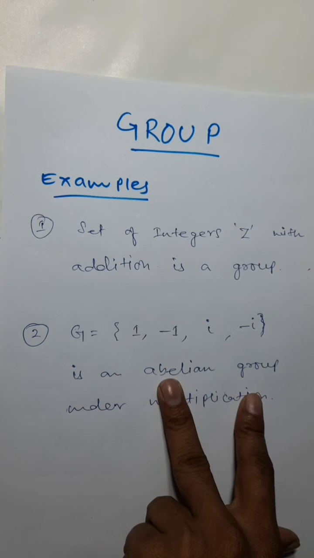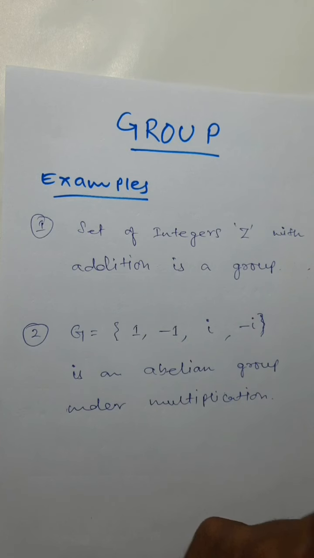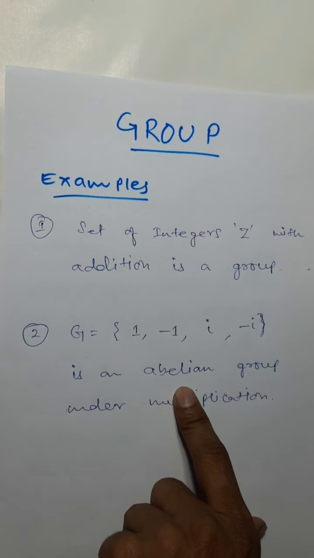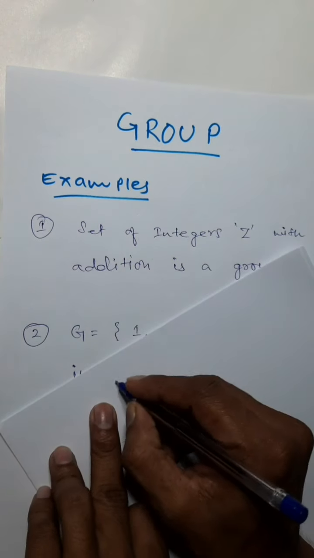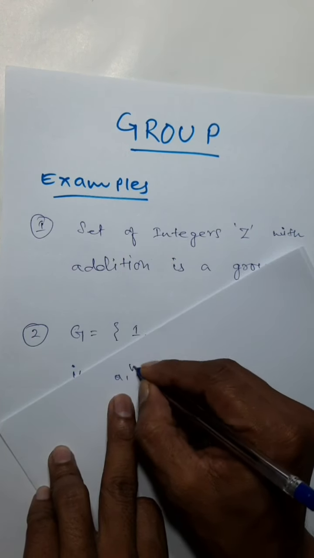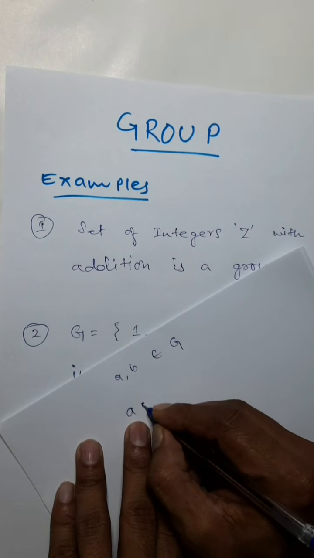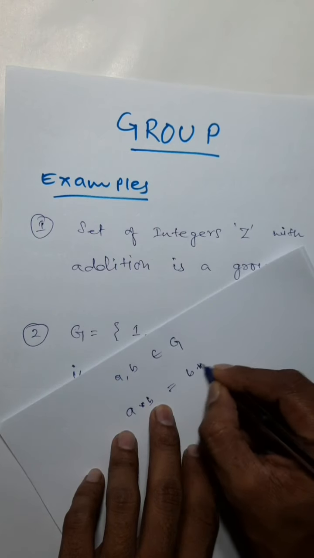In my last video I showed you the four properties: closure, associative, existence of identity, and existence of inverse. One more property is the commutative law. Commutative law means, let a and b belong to the set G, then a binary operator b will be equal to b binary operator a.